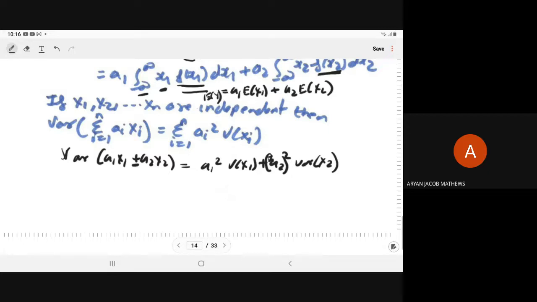If in this place we have the minus, you need not write the minus here. It is a very common mistake by the students, so please take care at this point.